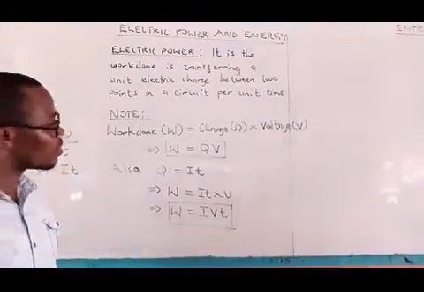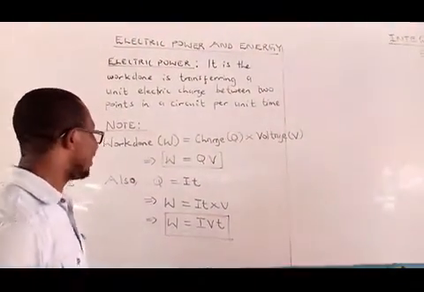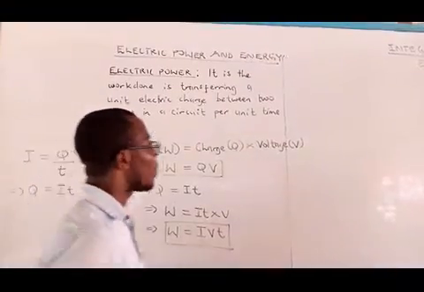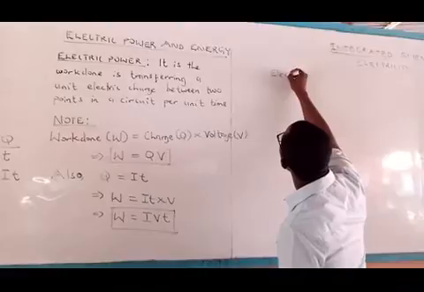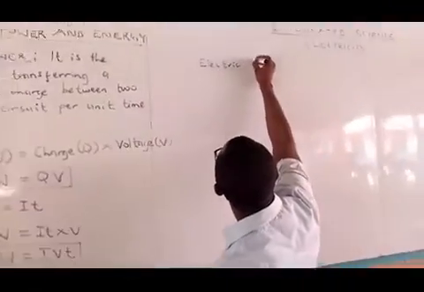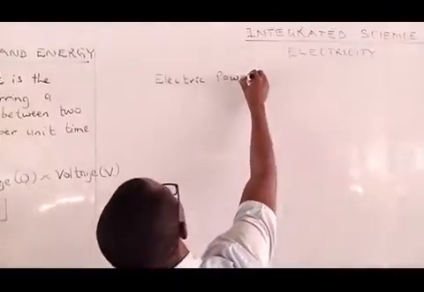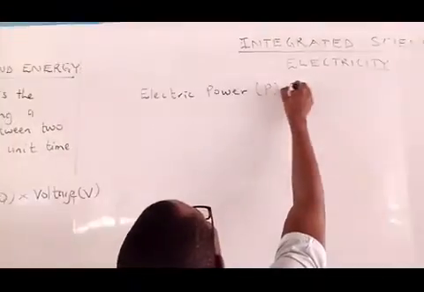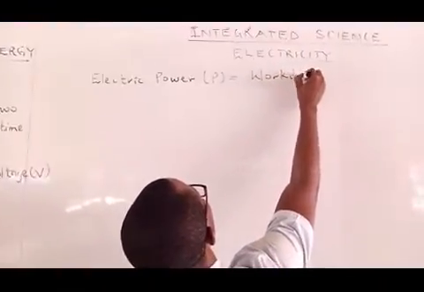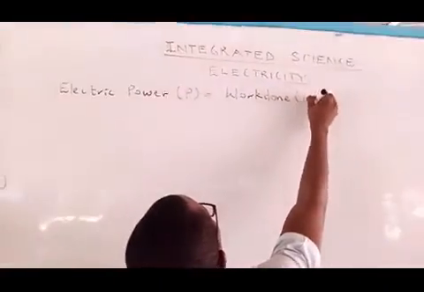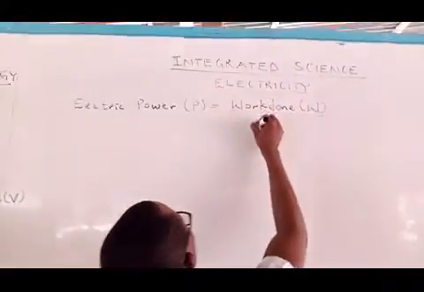Okay, so now let's look at the equation for electric power. From definition, electric power is the work done, that is W, over time.